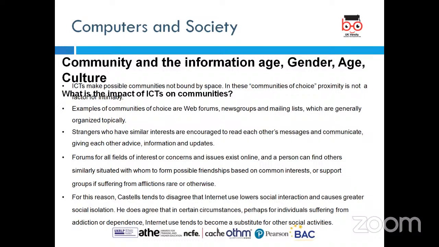Another example we can see of community would be strangers who have similar interests being encouraged to read each other's messages and communicate, giving each other advice, information and updates. All these forums, let's call them forums or blogs, can now happen through online platforms.